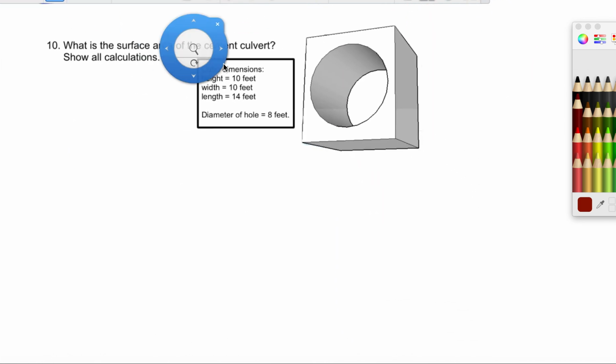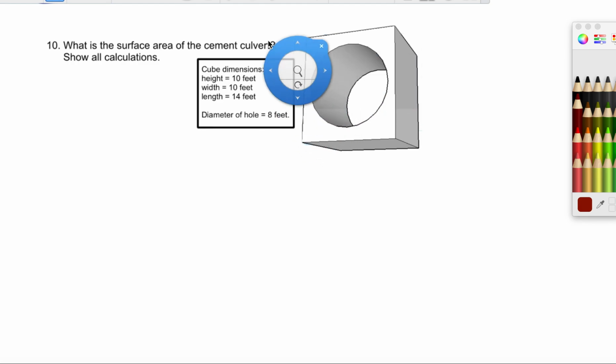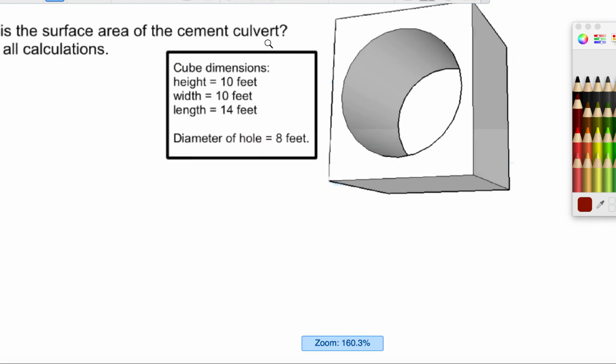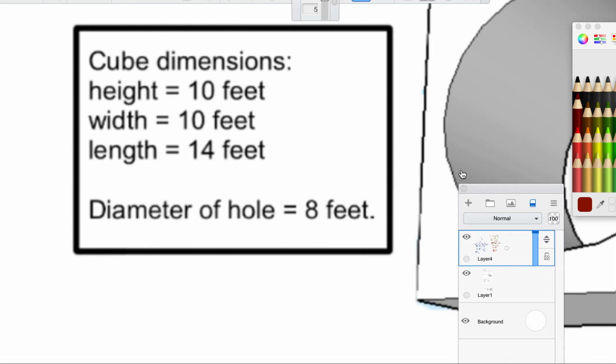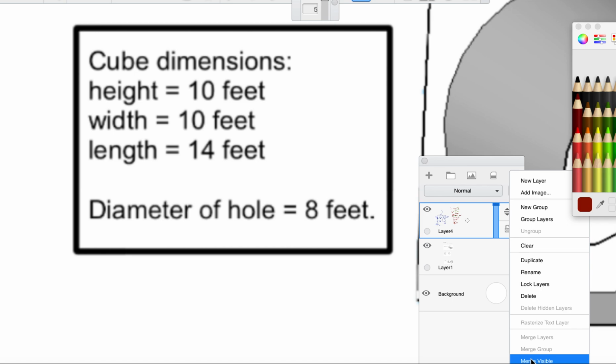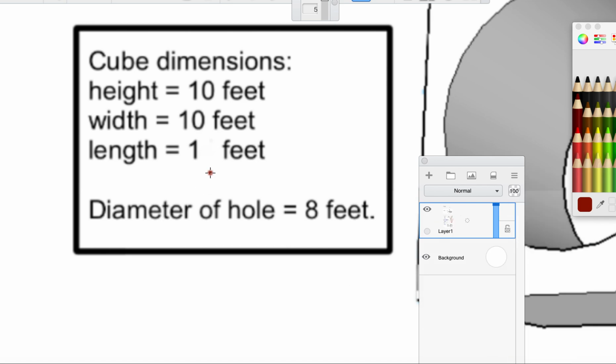This last one, number 10, what is the surface area of the cement culvert? And I say cube dimensions here, but I'm actually not giving you a cube. Let's make this a cube by, let's make this 10 right here.